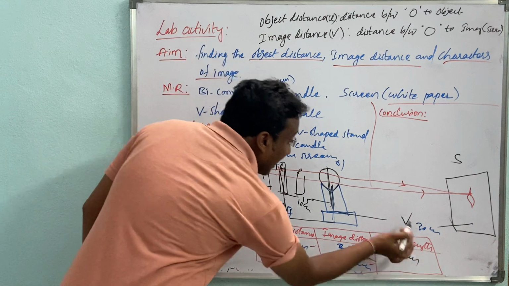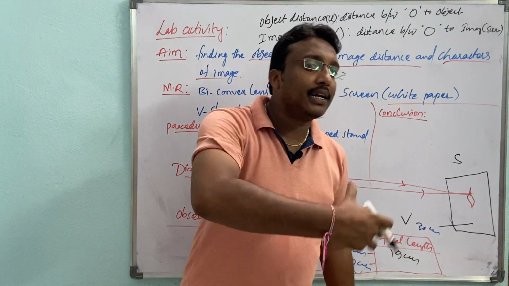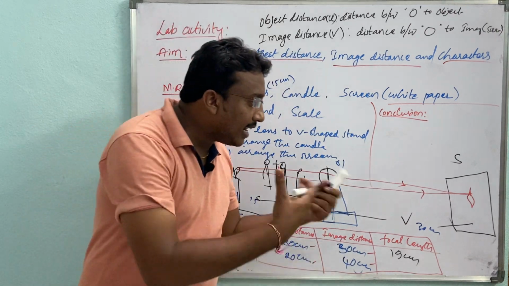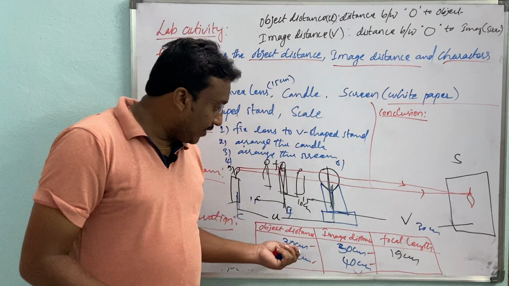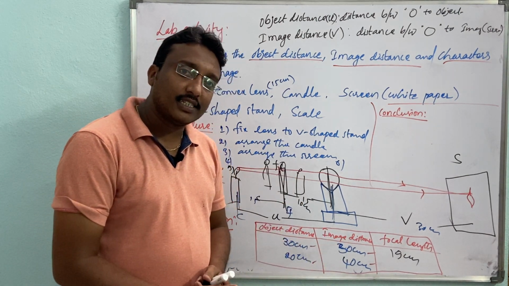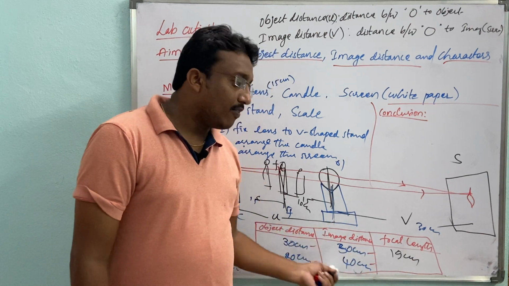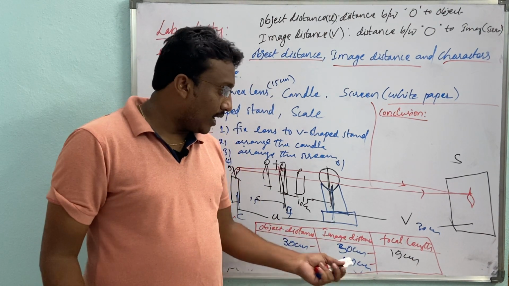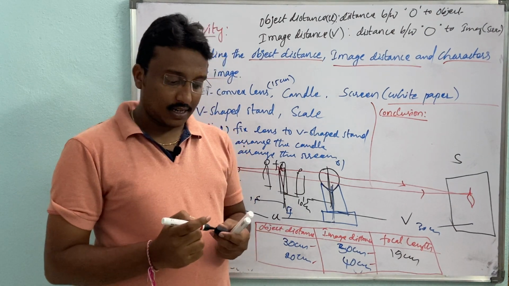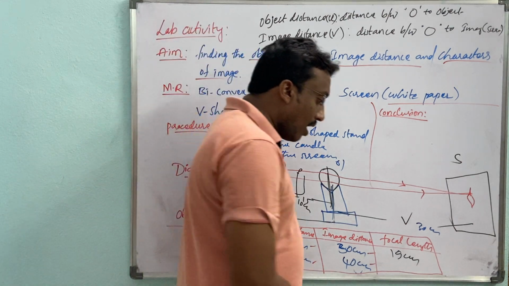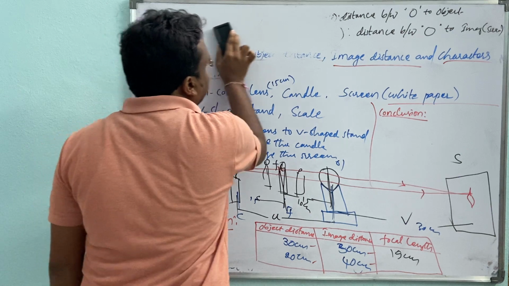Is there any equation to find the focal length when we know the object distance and image distance? If we know the object distance and focal length, is there an equation to find the image distance? We have a relation between object distance, image distance and focus.